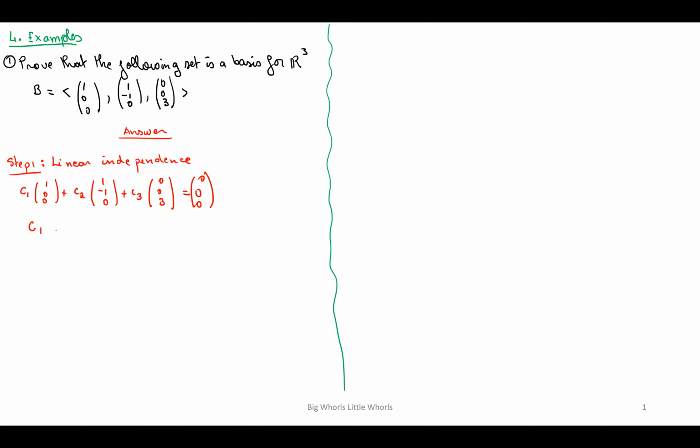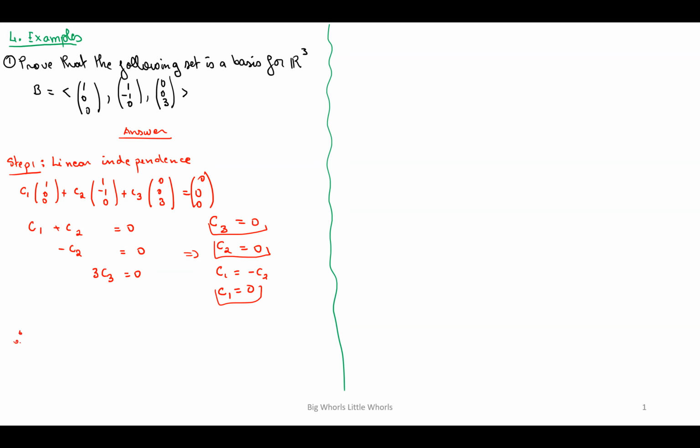So here you have C1 plus C2 equals 0, minus C2 equals 0, and 3 times C3 equals 0. Okay, so it is already in echelon form, thank God. That means we are going to do back substitution. C3 equals 0, C2 equals 0, and C1, which is minus C2, equals 0 as well. So C1 equals 0.